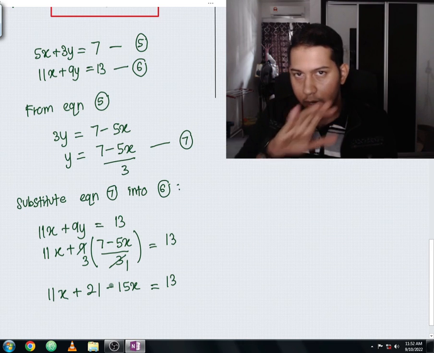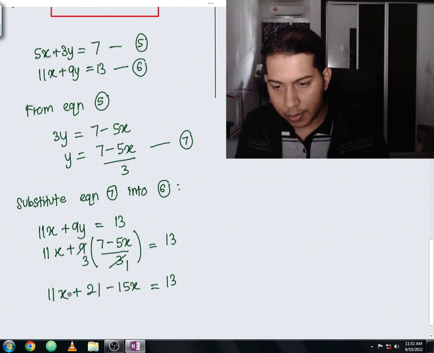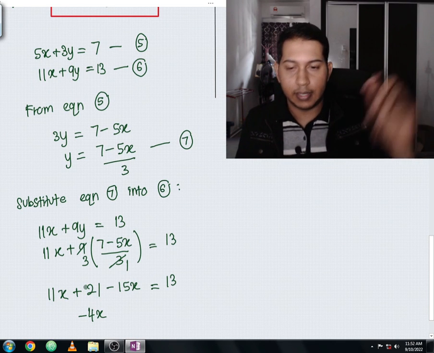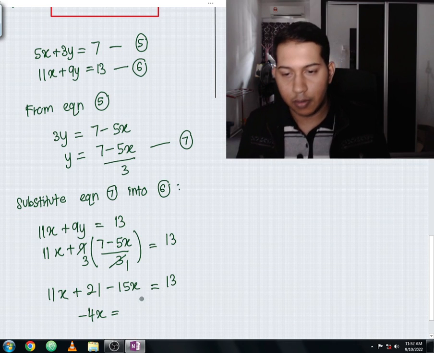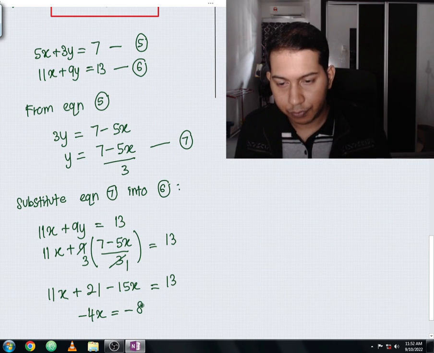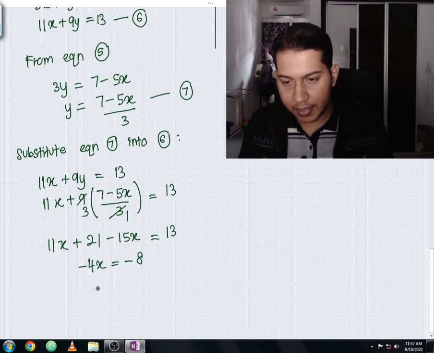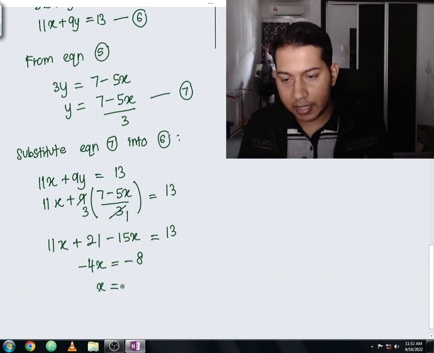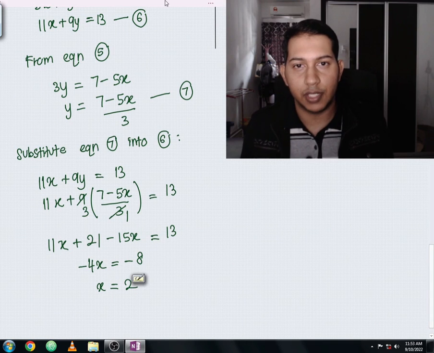The variable you keep on the left-hand side, the number you move to the right-hand side. So 11x minus 15x is negative 4x. This 21 you move to the right-hand side, so it becomes negative 21. Negative 21 plus 13 gives negative 8. Negative 4x equals negative 8. So your x is equal to negative 8 divided by negative 4, which in this case is 2. So this is your first solution.